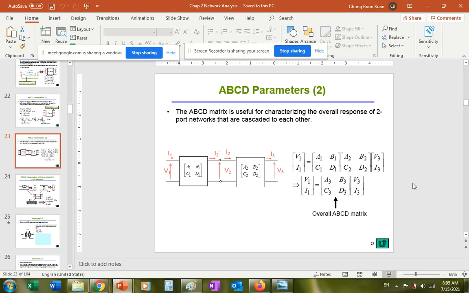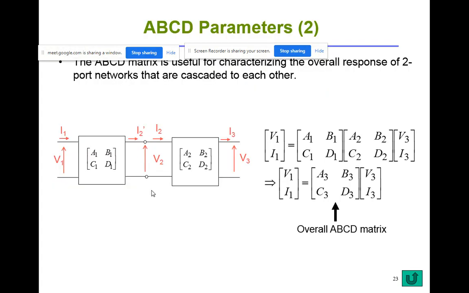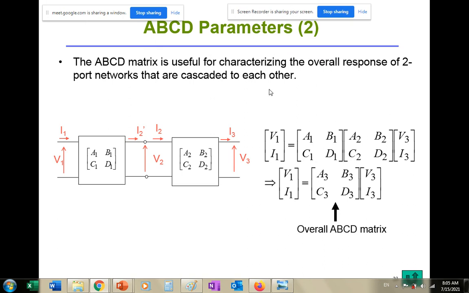In the last lecture, we talked about ABCD parameters. We said that one very useful way of characterization is the ABCD matrix. We can characterize a device in terms of ABCD parameters.